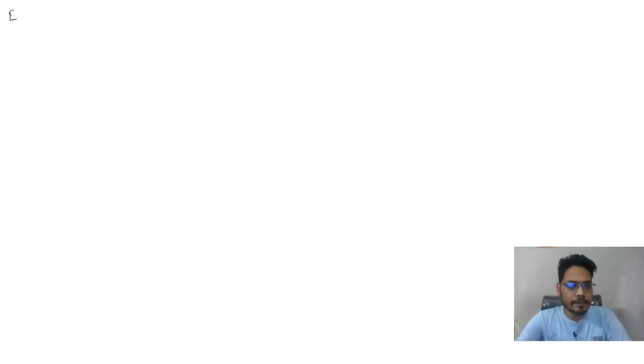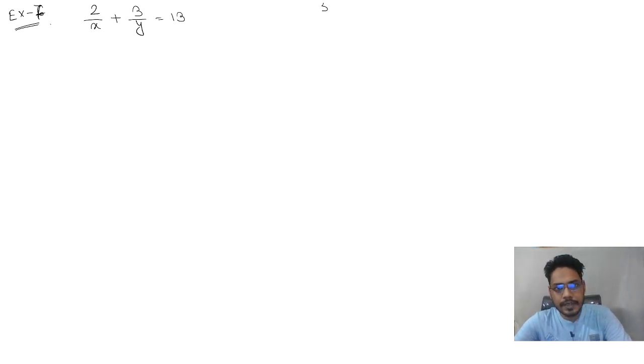Now in the next example, example number 7, suppose it is given 2 by x plus 3 by y is equals to 13, and the second equation 5 by x minus 4 by y is equals to minus 2. These two are the equations.